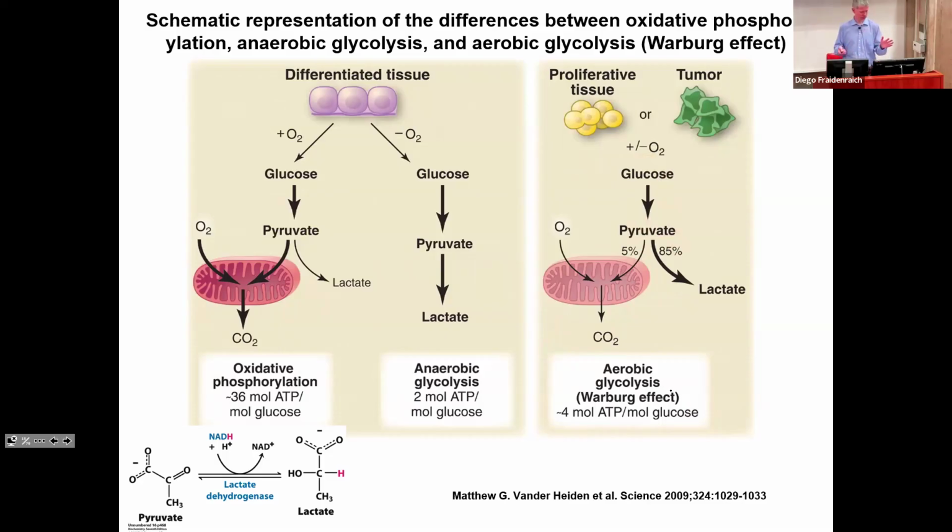So you can read up on this. I just want to mention it. There is this pathway in tumor cells, also in proliferating cells, because most cells, for example cardiac cells, are not proliferating, or neurons would be terminally differentiated and would not divide.